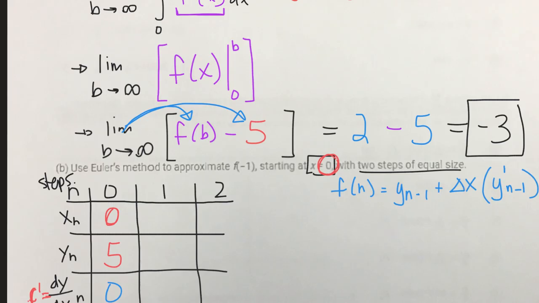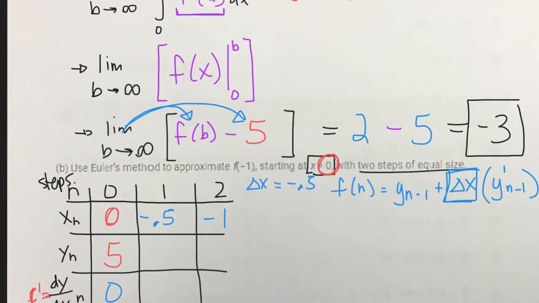So let's figure out what is the difference between our x's. We started at 0 and we want to end at negative 1, right? So what is the intermediate step in between if we're doing equal sizes? That means every step is negative 1/2, right? So delta x, for every one of these problems, is going to be negative 1/2.